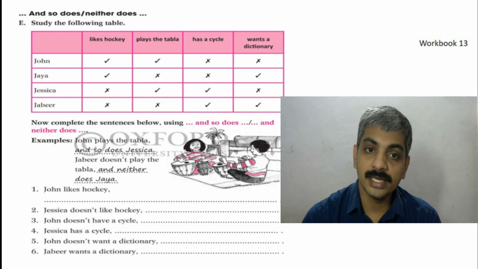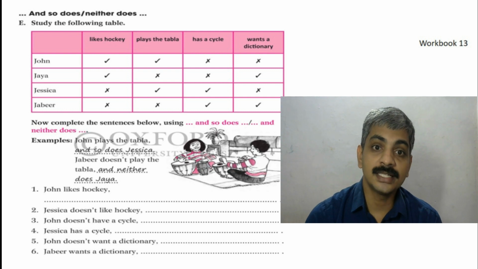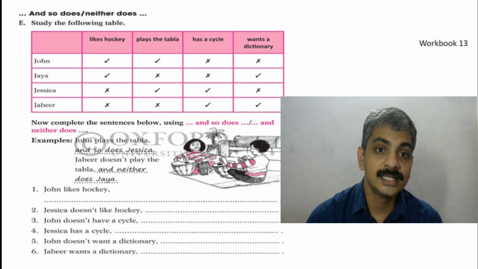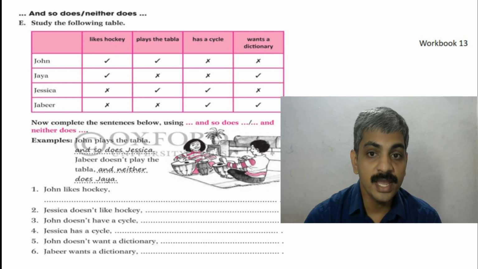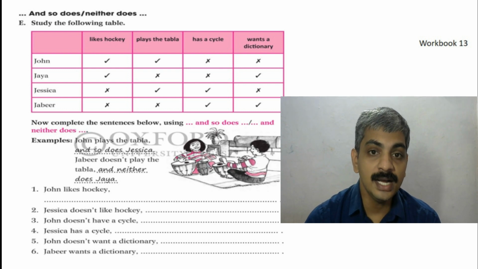Here, by looking at the table, we can understand John likes hockey, plays the tabla. Jaya likes hockey and wants a dictionary. Jessica plays the tabla, has a cycle.